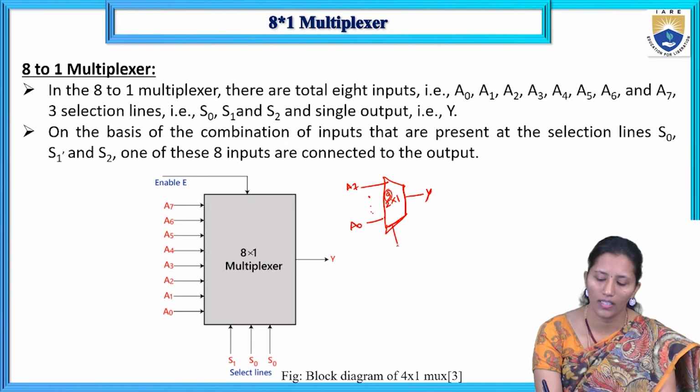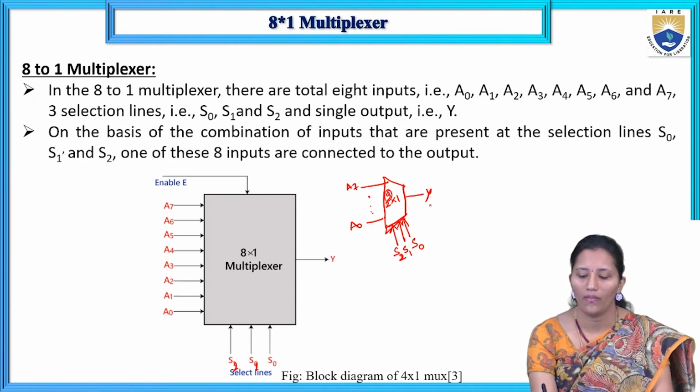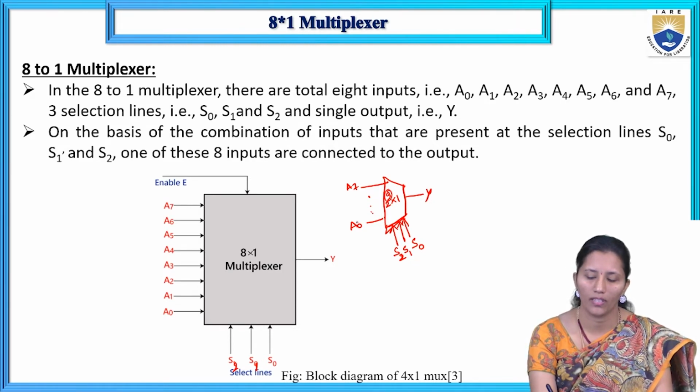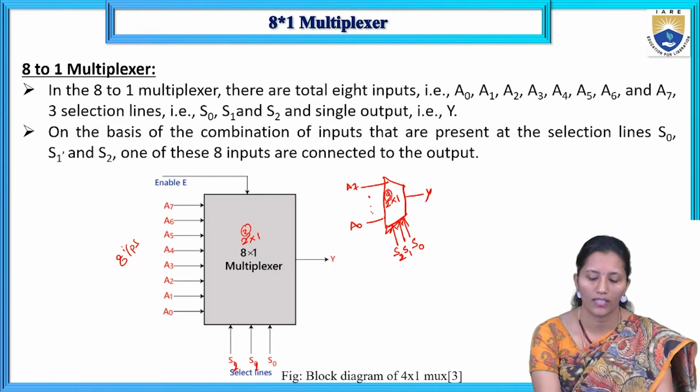This 3 indicates the 3 selection lines, S2, S1, S0, and one output. Total 2 power 3 inputs, that is 8 inputs. So this is the block diagram of the 8x1 multiplexer.